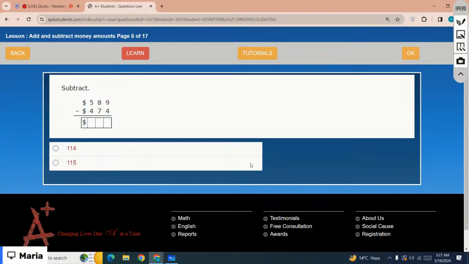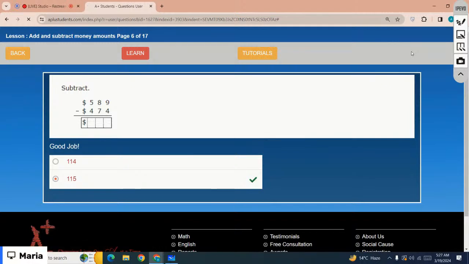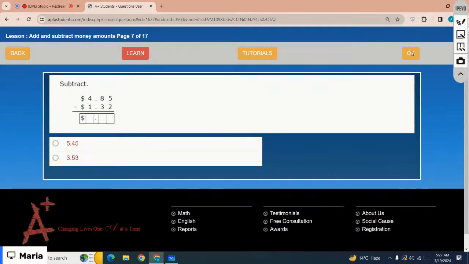Option number 2 is the correct option, right? 4.85 minus $1.32. So, which is the correct option?